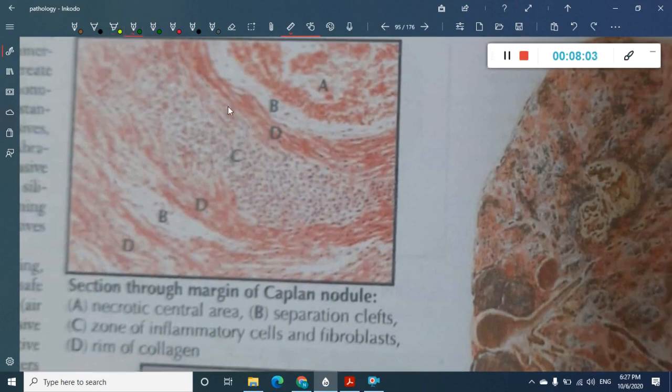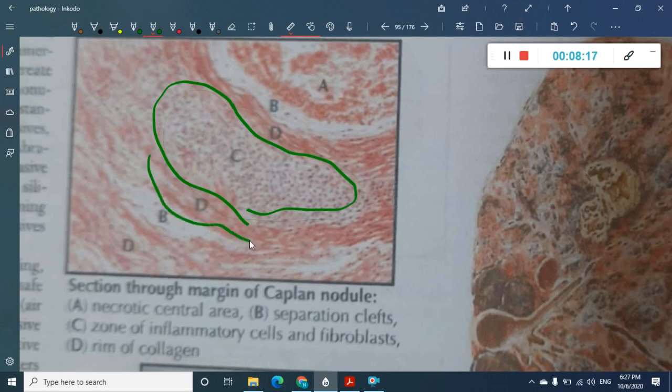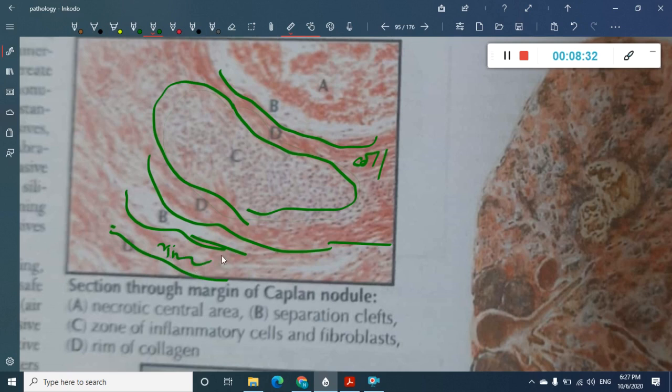It has this central zone of necrotic cells, number one. This central zone of necrotic cells is surrounded by a rim of collagen. This is collagen. Okay, this collagen is again surrounded by one more collagen, or you can see the necrotic cells also.